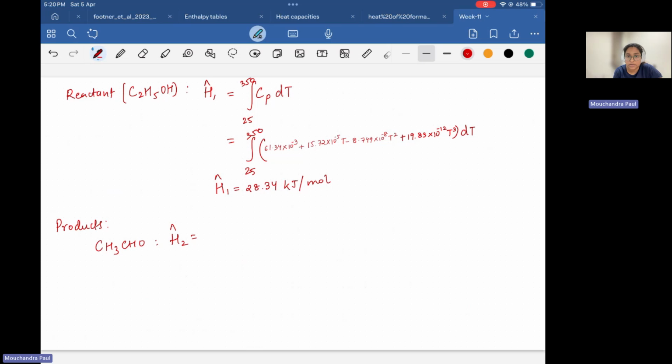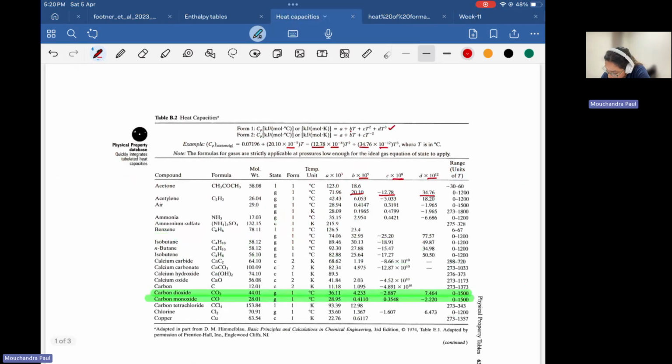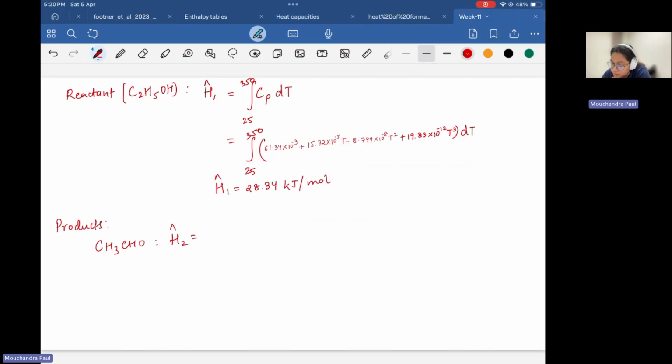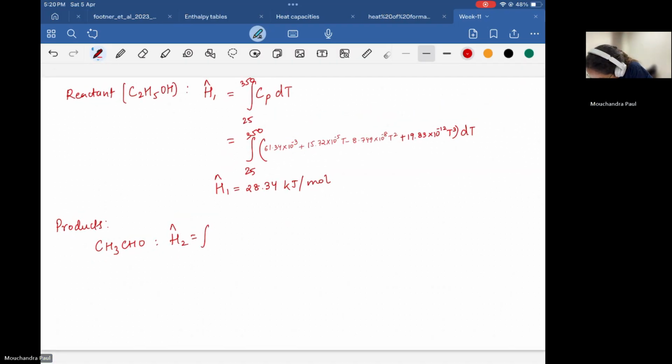For acetaldehyde, let's see if Cp is given. Okay, in this table it is not given, but in the textbook from which I have taken this problem, they have given this Cp value. The reference state will be 25 to T adiabatic.